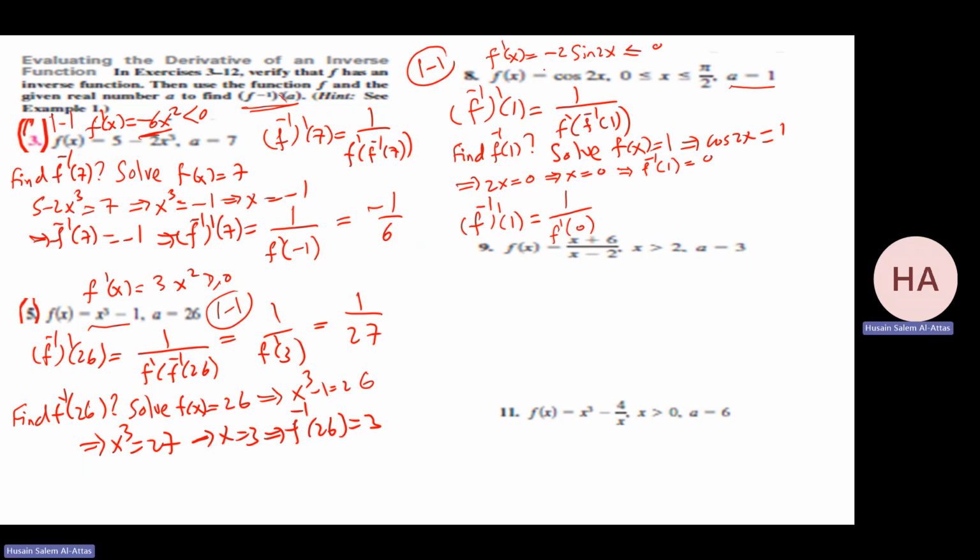F prime at 0 is what? It is 0. So this will be undefined.